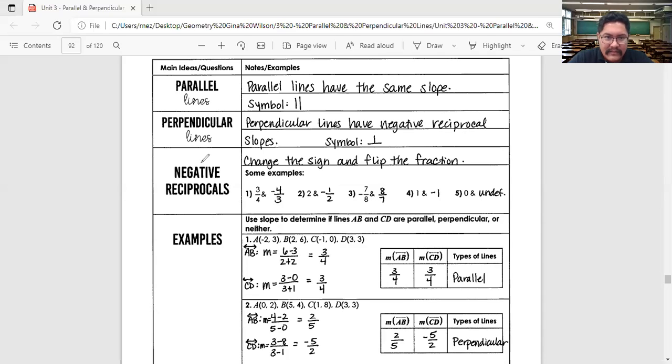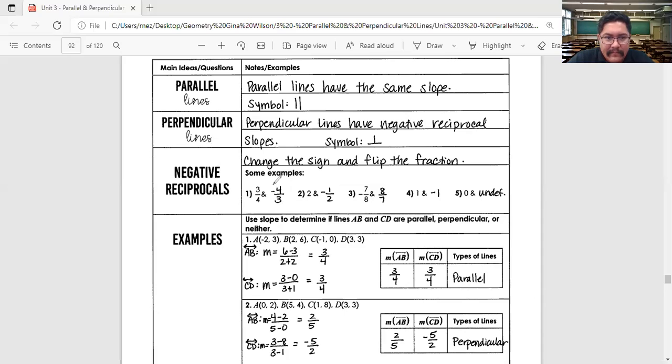So negative reciprocals. Take a closer look at what they mean by that, and that is to change the sign and flip the fraction. So here's some examples. 3 over 4. What is the negative reciprocal of 3 over 4? First off, change it to a negative. So now instead of positive 3/4, it's going to be a negative number. And instead of 3 over 4, it's going to be 4 over 3.